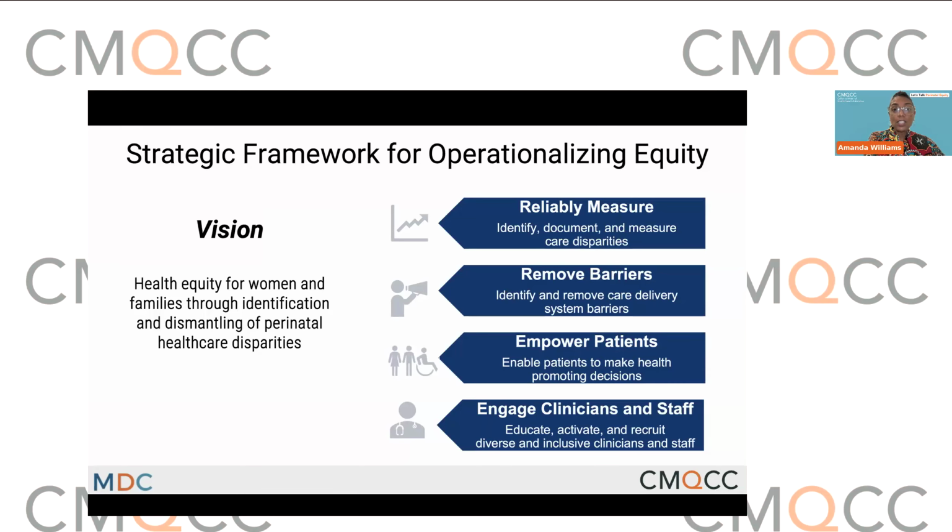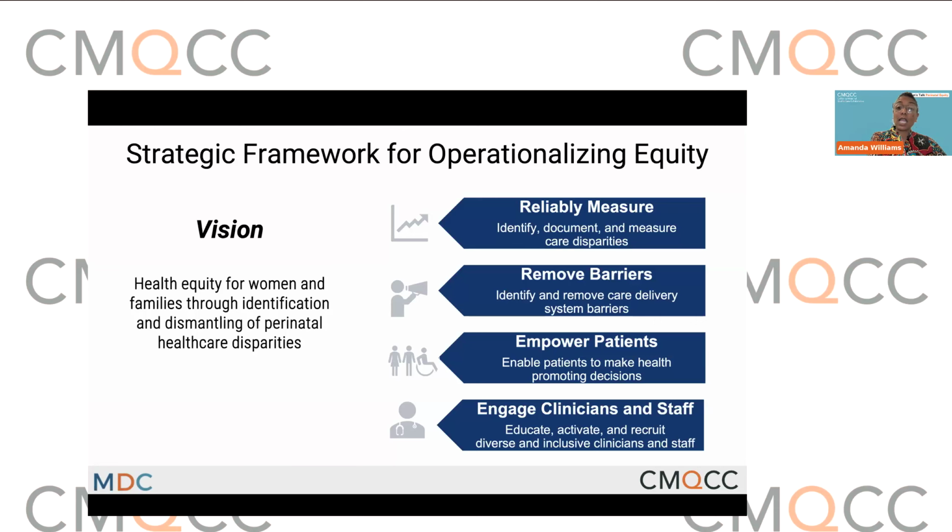So when we're trying to work against this, when we're trying to create a strategic framework for how to operationalize equity, we have to think about all of these barriers that have been put in place. This is the high-level framework of what I had the privilege of building inside of Kaiser Permanente in Northern California before I left a year and a half ago. And we have to take all of these things into account. We have to use the data.